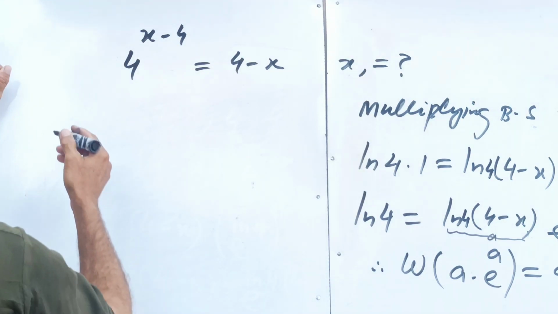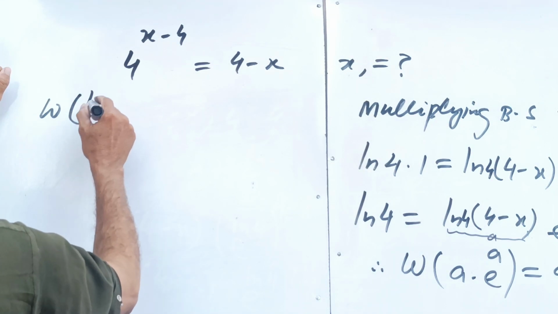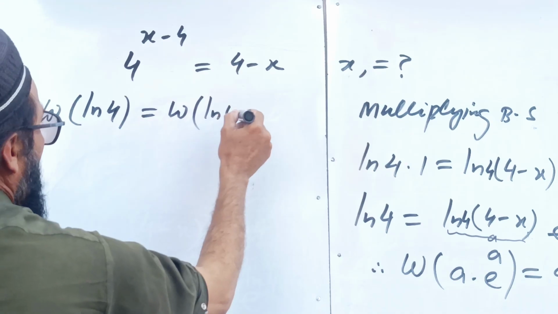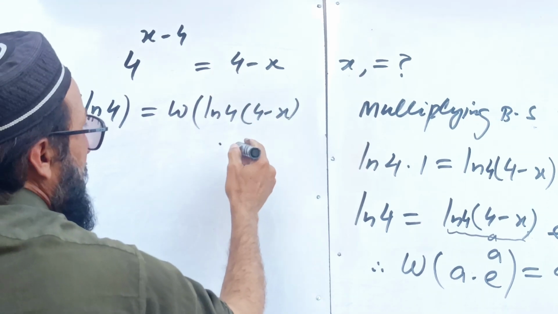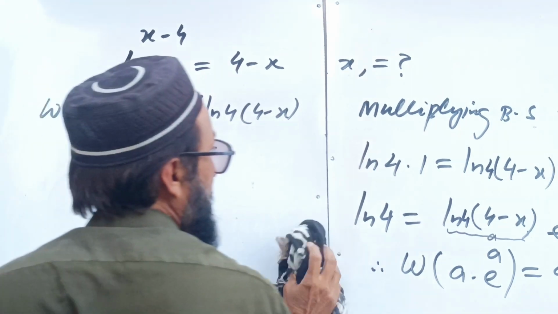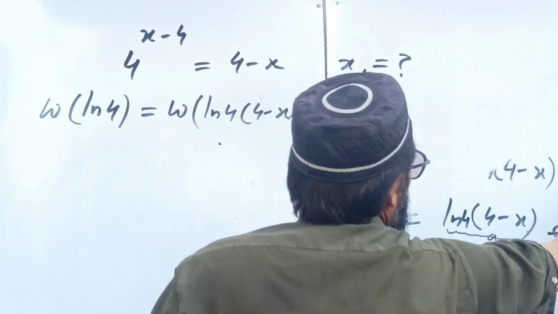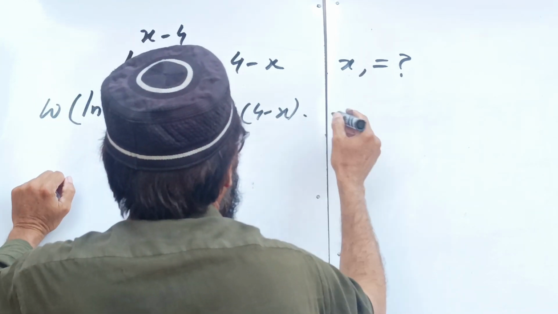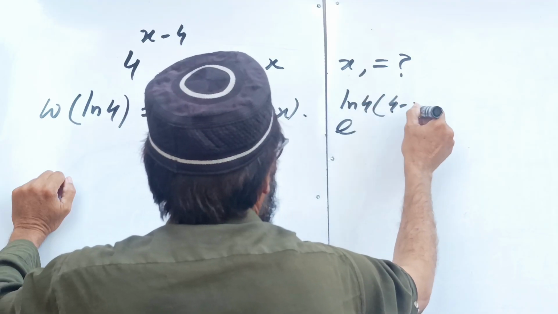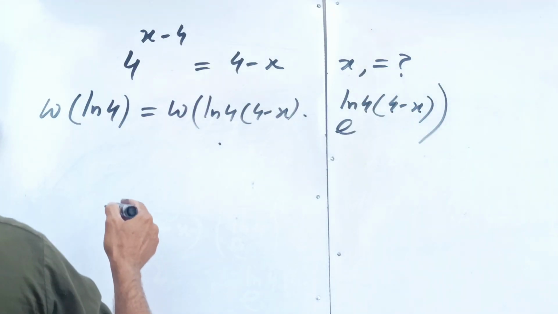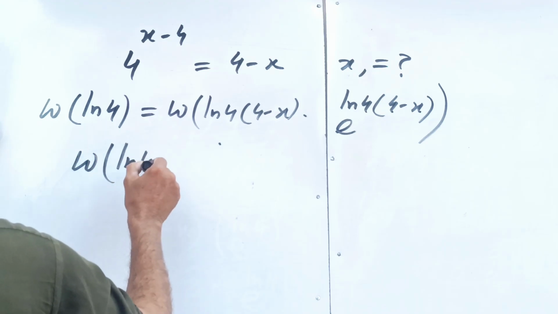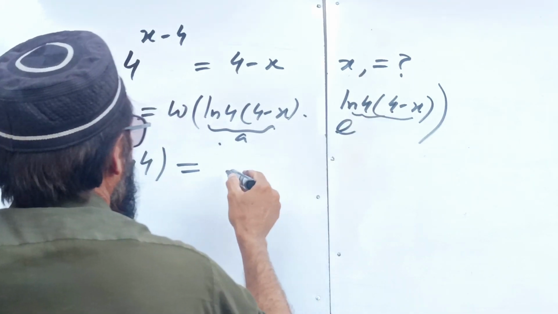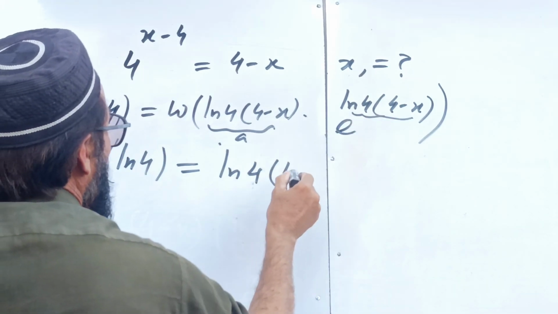Now we are taking the W Lambert function of both sides, so we get log of 4 into 4 minus x.